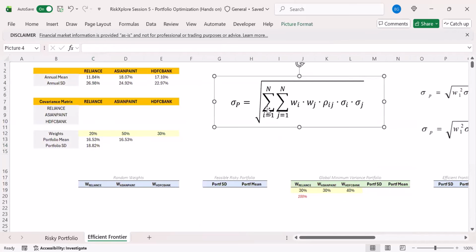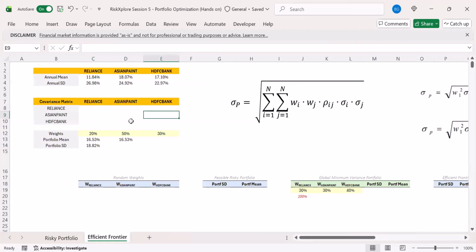Now how do we find out using this formula here? How do we do that? So if you see, what this formula says is that हमें हर एक combination of assets के लिए, let's say we have to pair Reliance with Asian Paints with HDFC Bank with itself as well, then हमें Asian Paints को pair करना है with Reliance Industries, Asian Paints, HDFC Bank.